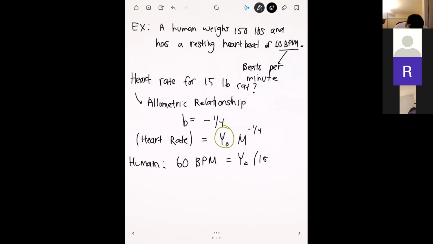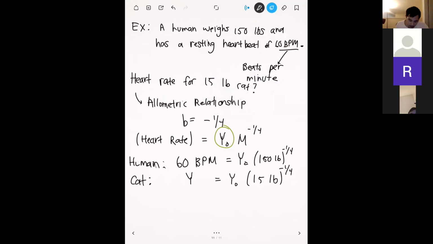So I'll just plug in 150 pounds raised to the -1/4. And then for the cat, since we don't know this heart rate, we're going to keep it as an unknown, and so we'll call it y, which is equal to y naught times 15 pounds raised to the -1/4. All right, so I basically just applied that allometric power scale to both the human and the cat.